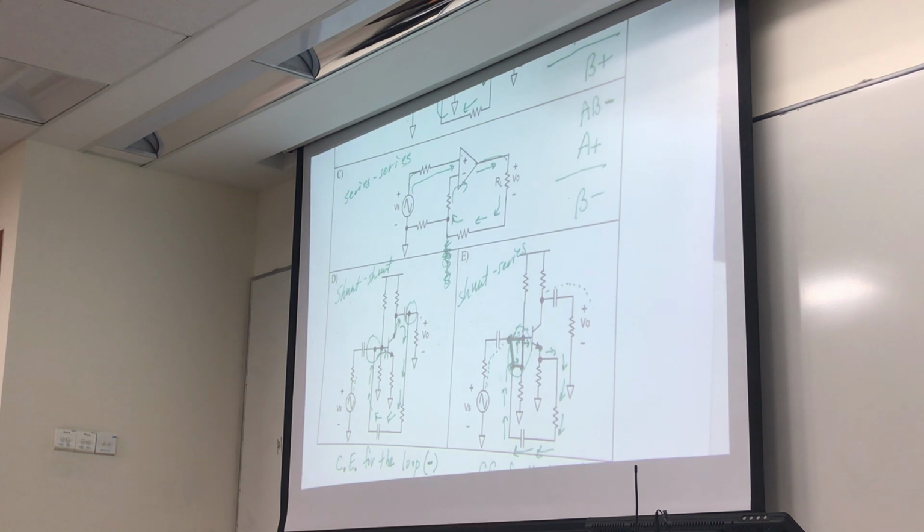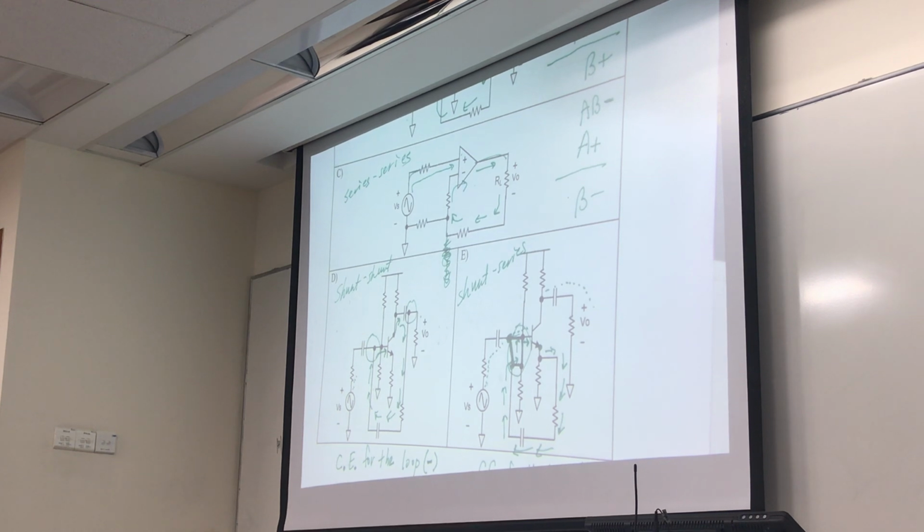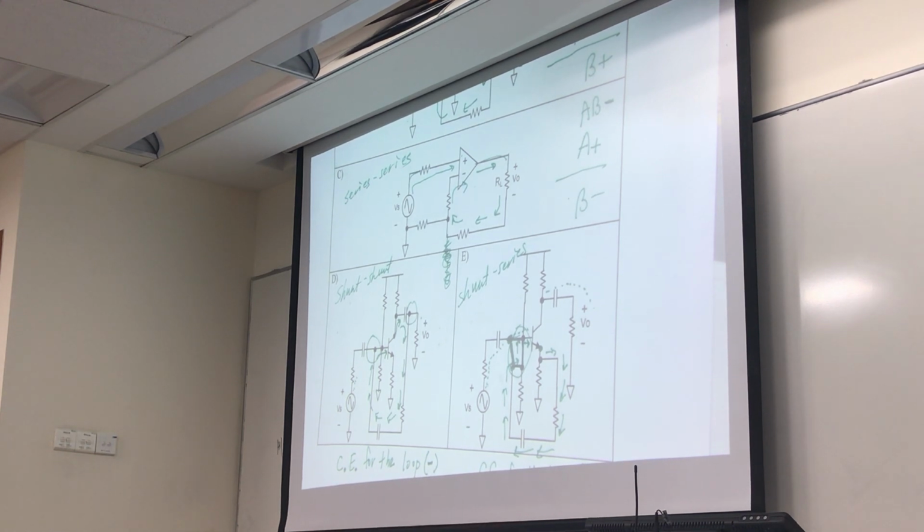If we have negative feedback, then A beta is a negative number, right? Which means that 1 minus A beta is a number that's larger than 1. That's why if you have negative feedback, then Rin increases when you add the feedback path, right?